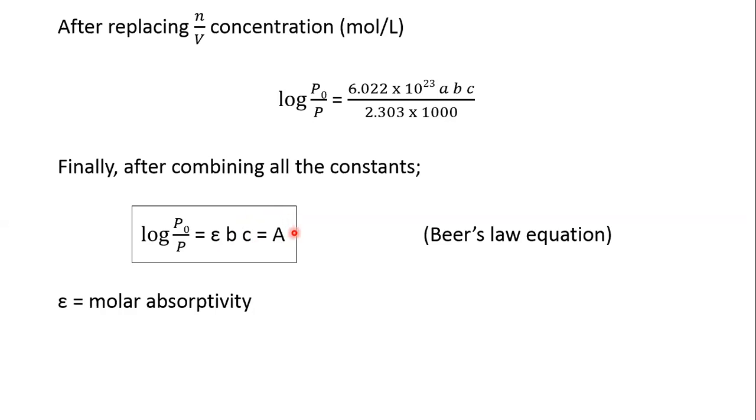So absorbance, according to Beer's law, is directly proportional to the concentration. When the concentration is higher, more absorbing particles are present in the solution, and therefore it leads to a higher value of absorbance. So absorbance is directly proportional to the concentration, and this is the basic fundamental application of Beer's law.